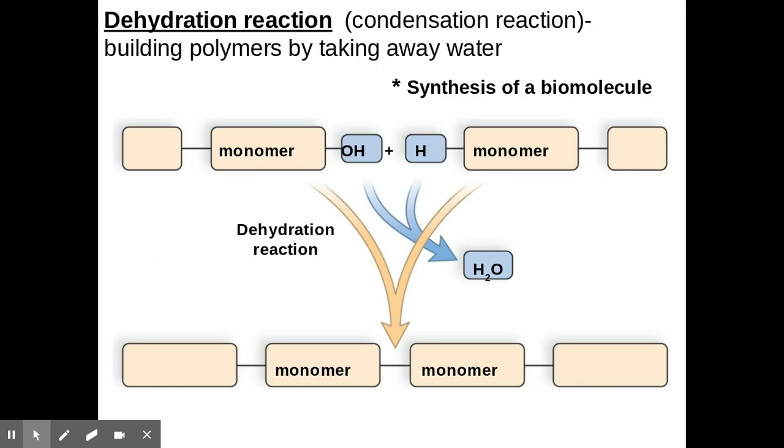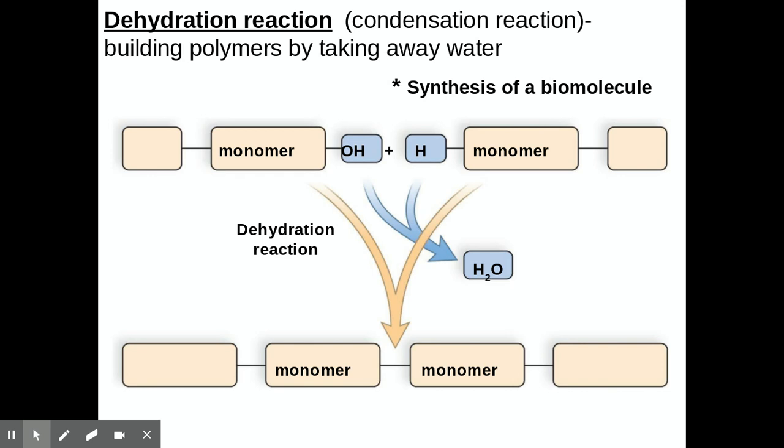Okay, so how do you make up a big polymer? You're going to have to put monomers together, which we know is called polymerization, being put together. This is a chemical reaction that has to take place. This chemical reaction, if you're putting monomers together, is called a dehydration reaction, or you can also call it a condensation reaction.